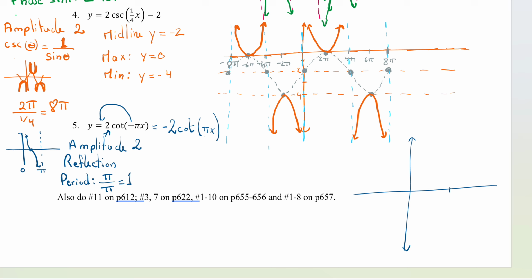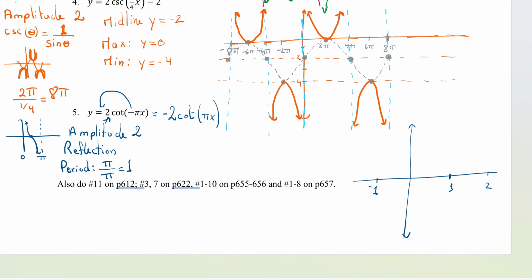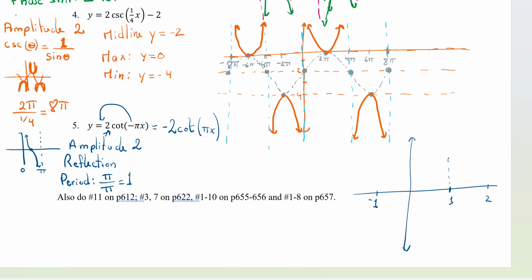So if this is 1, then we are going to have the asymptotes right there, because we don't have a phase shift. And the y-axis is also an asymptote. Okay. We're going to go through here and here, the midline being y equals 0. But then instead of just going up 1 for the next point here, I will go 2.